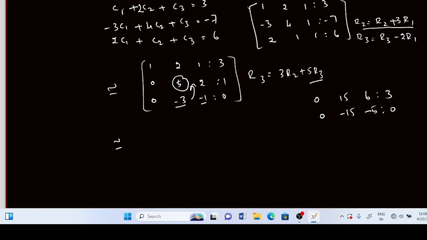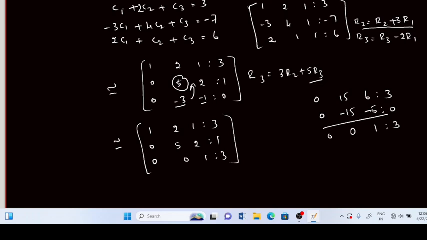If we add, we get 0, 0, 6 minus 5 equals 1... So the first row as it is: 1, 2, 1, 3; then 0, 5, 2, 1; then 0, 0, 1, 3. Here the first column is C1, the second column C2, the third column C3.